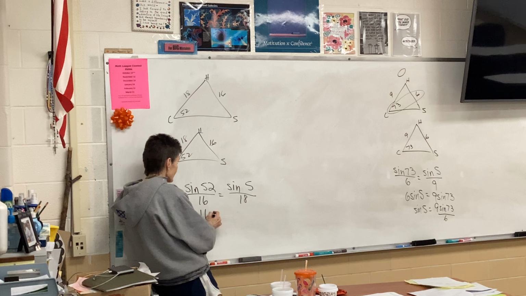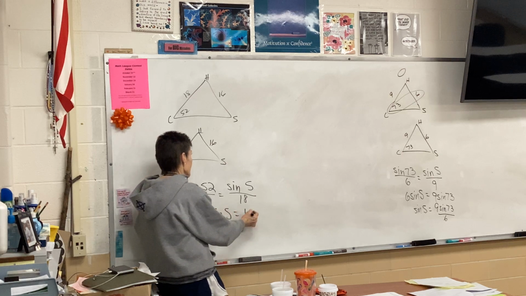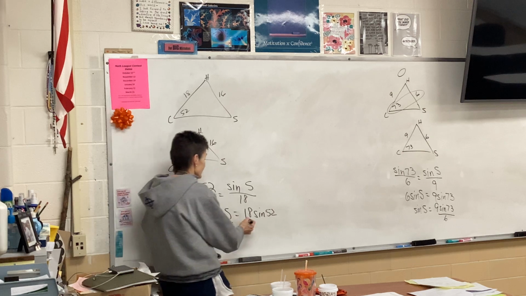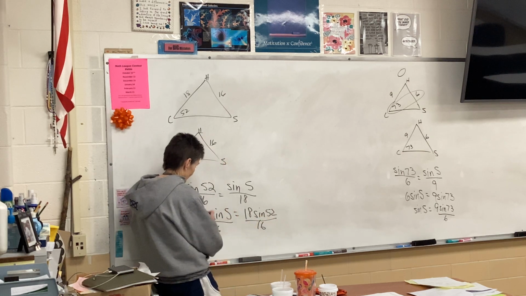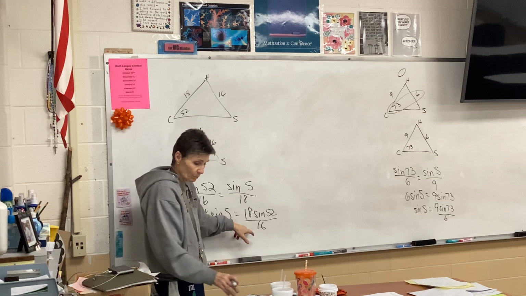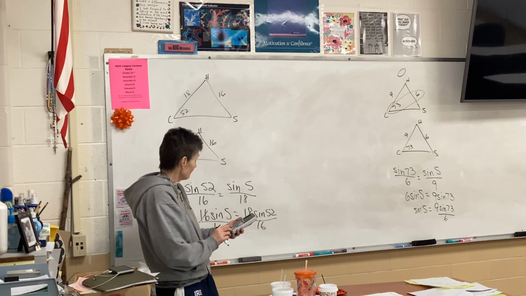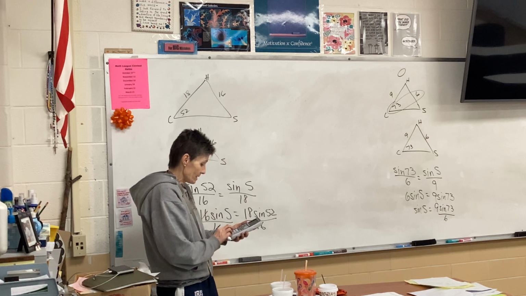So 16 sine S equals 18 sine 52. Divide by 16. And that is what I need to inverse sine. So second sine, 18 sine 52 divided by 16.